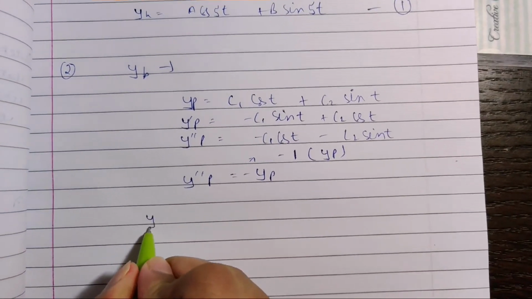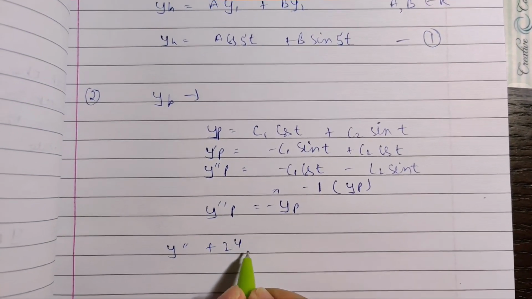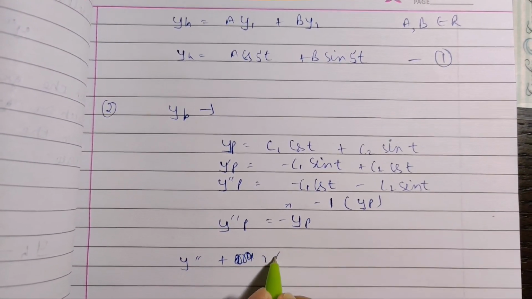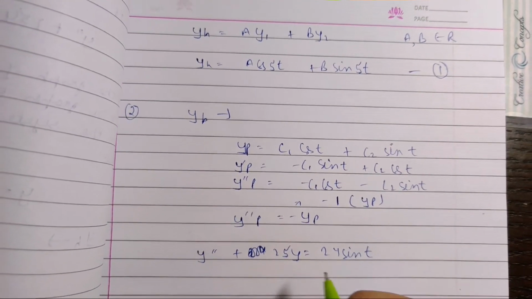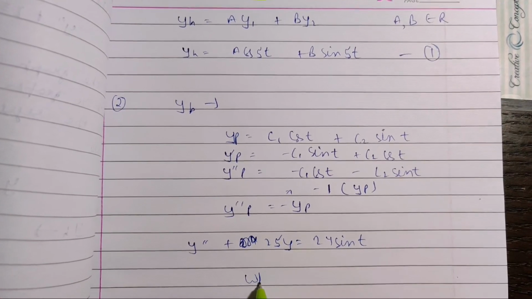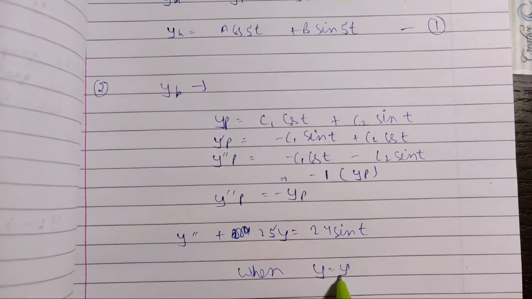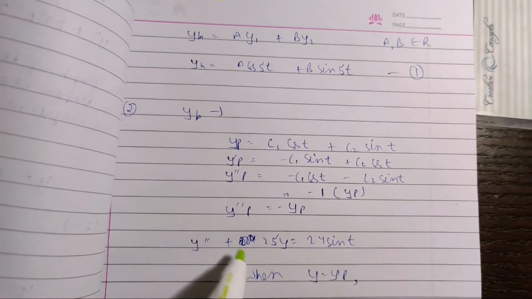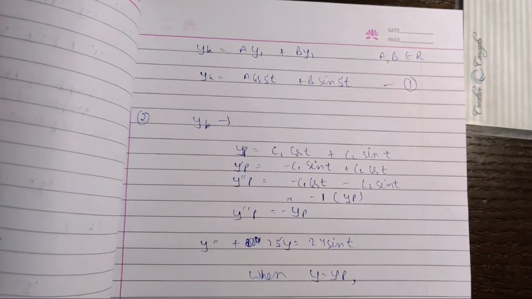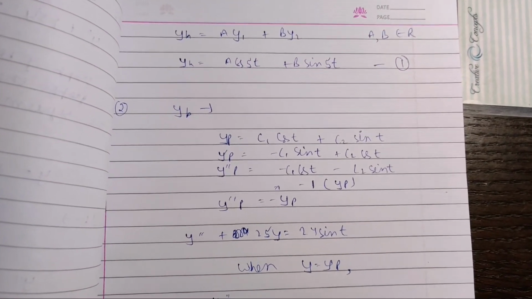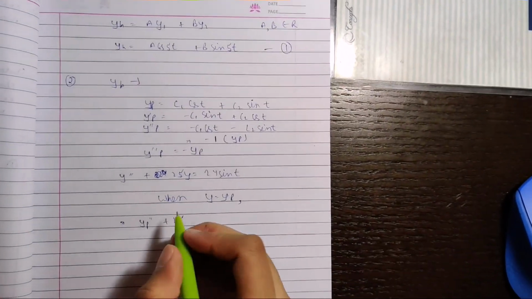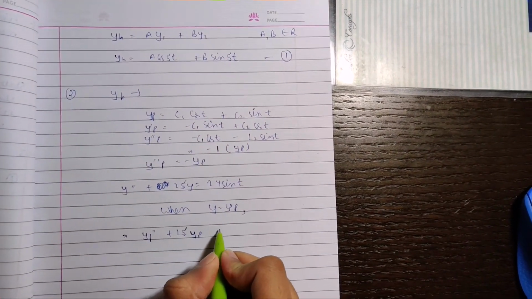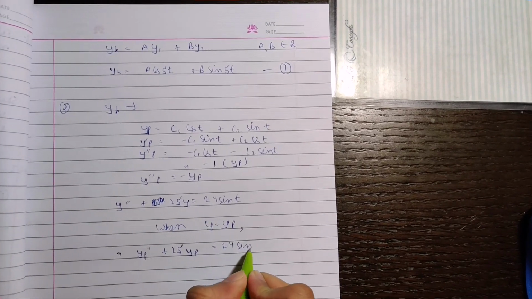When y is equal to yp, you will substitute it with yp. Simple. So it will be yp double dash plus 25 yp is equal to 24 sin t.